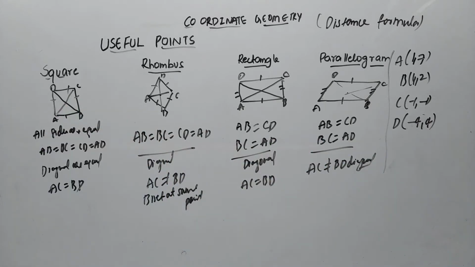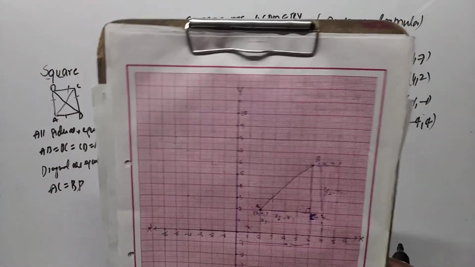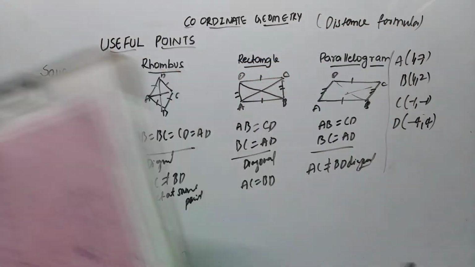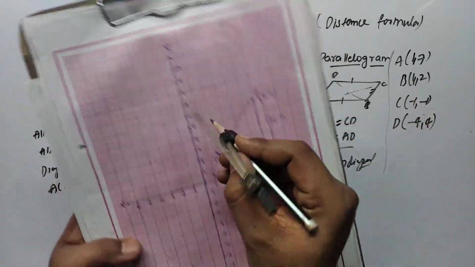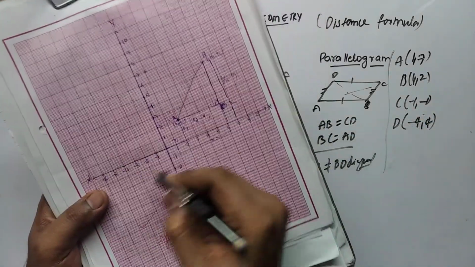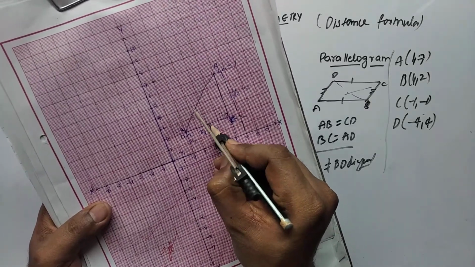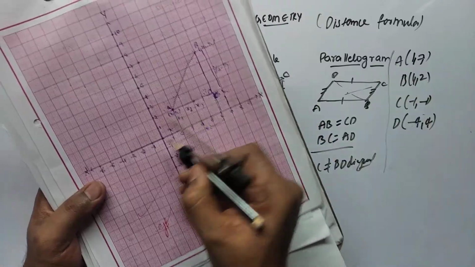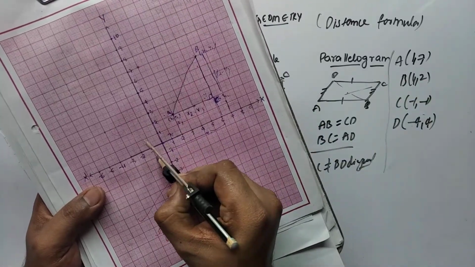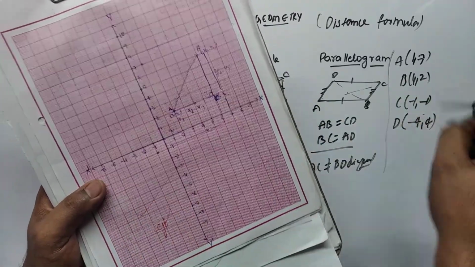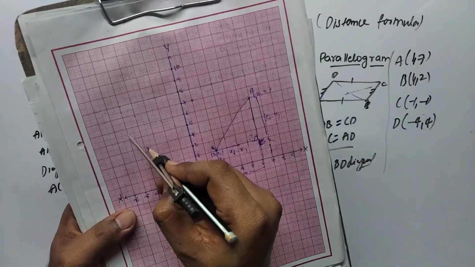If I take the help of a graph and plot these 4 points, we'll check whether we get a square or not. Points are (1, 7), (4, 2), (-1, -1), and (-4, 4).